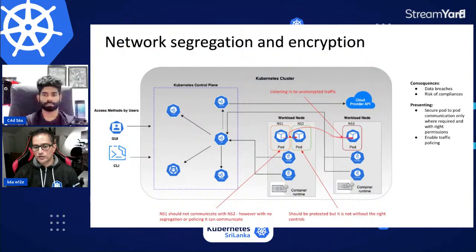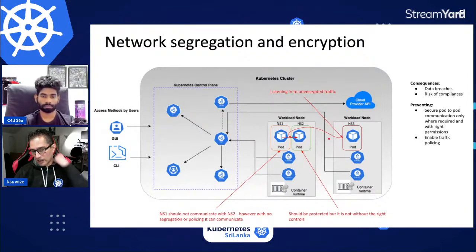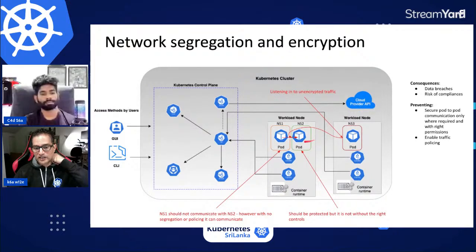Even though they might be trying, they may not be able to see it. So you can separate them. Segregate the network, segregate how you talk to each other, and most importantly, make sure that they're communicating securely. Don't take it for granted that Kubernetes is internal and will communicate securely.